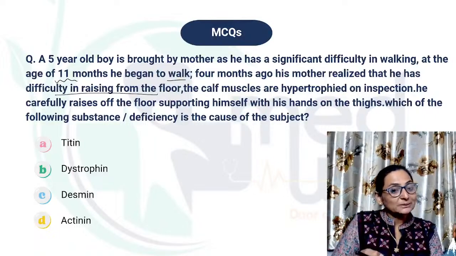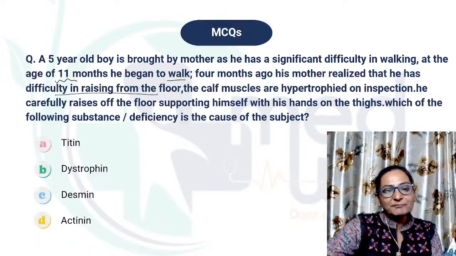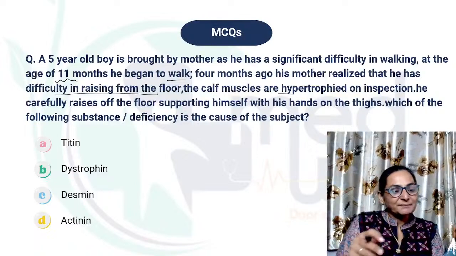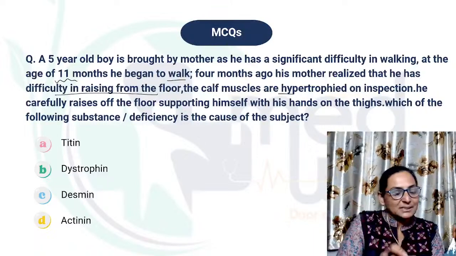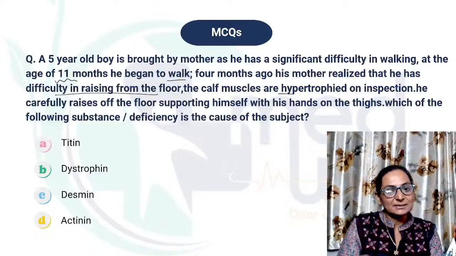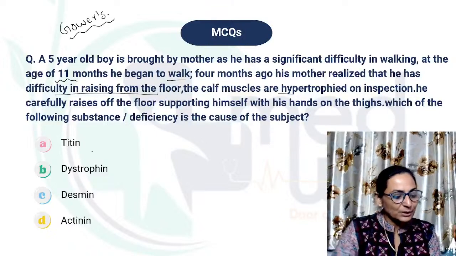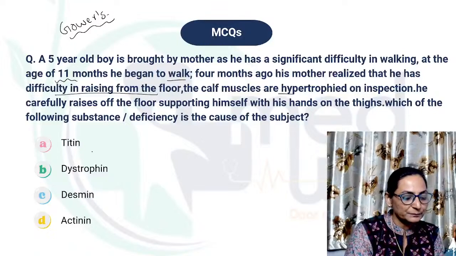He is not able to get up properly. The calf muscles are hypertrophied on inspection, and he walks as if he is climbing. That means he has to support his thighs. He keeps his hands on his thighs, which is a typical sign which we call the Gower's sign. Yes, very good, Mohammed. Anish, good.